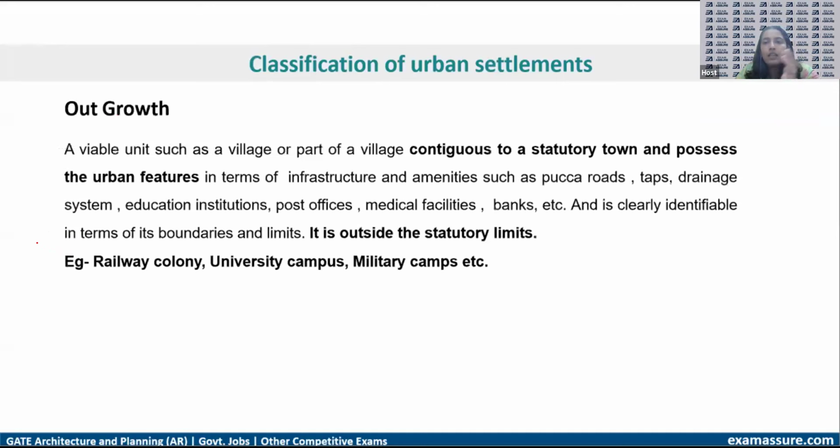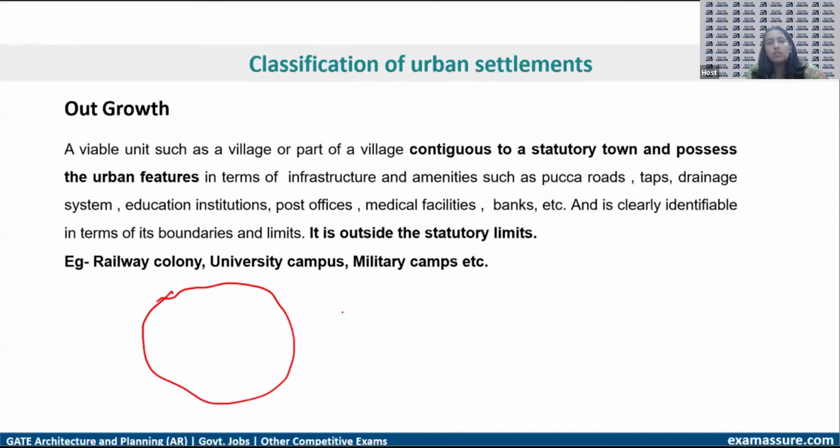Now, along with that, there are a few more terminologies which are more or less related to these urban settlements or a part of these classifications. That is your outgrowth, urban agglomeration, and conurbation. So let's take a look at those as well. Now, outgrowths are basically what? Where you have a statutory town or a city or let's say a town or small settlement.